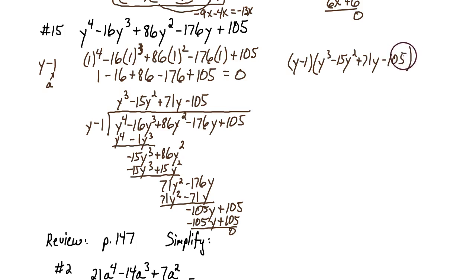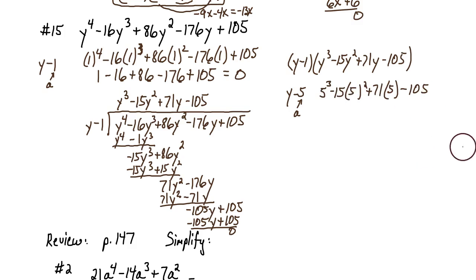Because the constant term ends in 5, it might be worth trying y minus 5. If we do, then the value of a is a 5. Let's just see what happens when we substitute 5 in place of y. Let's take a calculator and type this all in and see if we get a 0. And you know what? It does make 0.